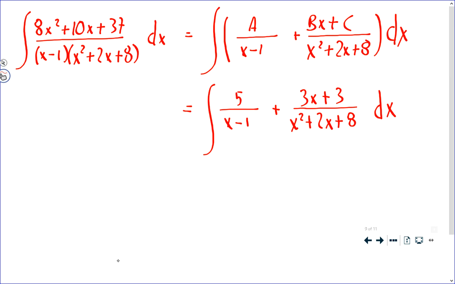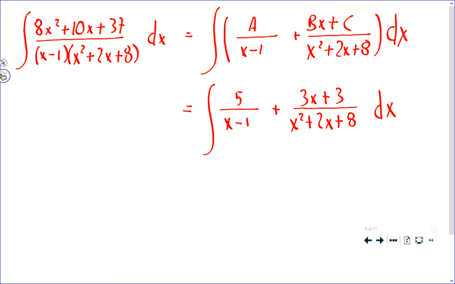We discovered that a is 5 and b and c are both 3. By the way, if you were to add these two partial fractions together by using a common denominator and simplify the result, you're going to get back to a numerator of 8x squared plus 10x plus 37. You would never do that. I'm just trying to keep our mind focused on what we have here. We have an equivalent integral.